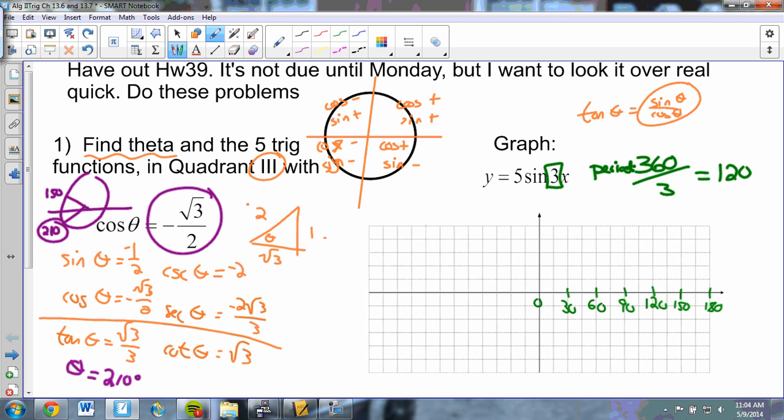The amplitude is the number in front. So sine starts in the middle, because the sine of 0 is 0, but now it's going to go as high as 5 and as low as -5. And sine's going to go middle, high, middle, low, middle, high, middle.